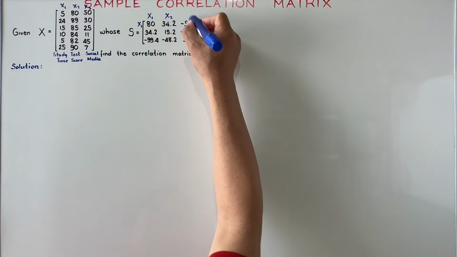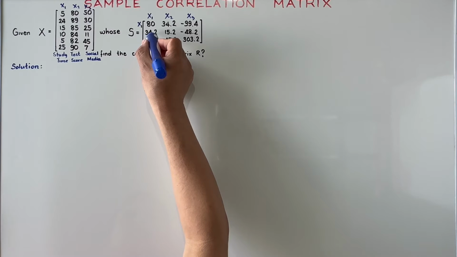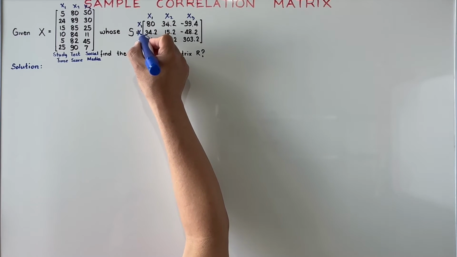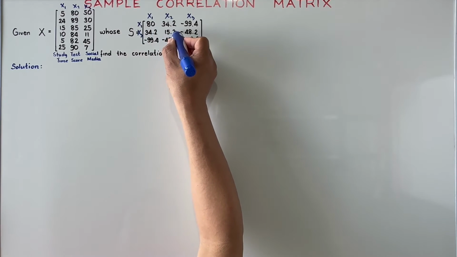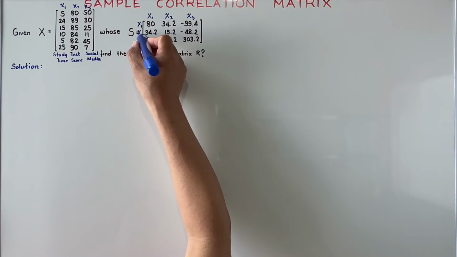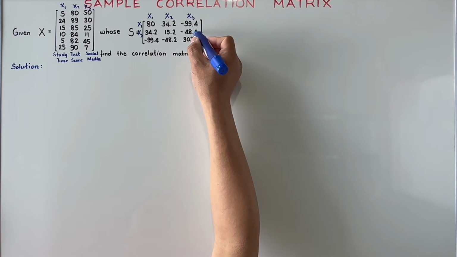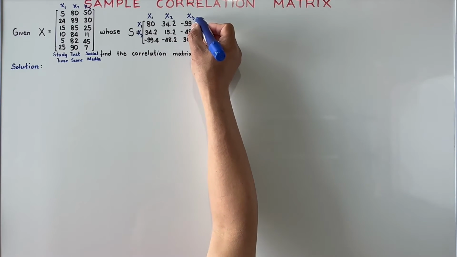Negative 99.4 is the covariance between the first variable and the third variable. Also 34.2 is the covariance between the second variable and the first variable. 15.2 is the covariance between the second variable and itself, so this is just the variance of x sub 2. And negative 48.2 is the covariance between the second variable and the third variable.